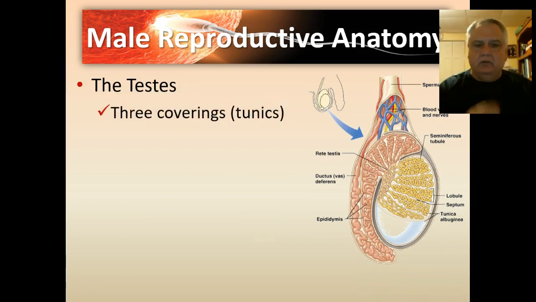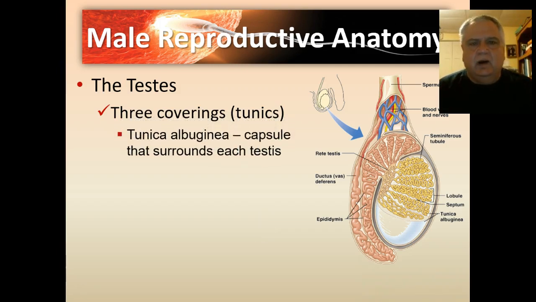The testes themselves actually have three coverings or tunics. Your PowerPoint may say two, but there are actually three. I apologize for that typo if I didn't get a chance to change it. Of these three tunics, we're only going to talk about the tunica albuginea. The tunica albuginea is the capsule that surrounds each testis.